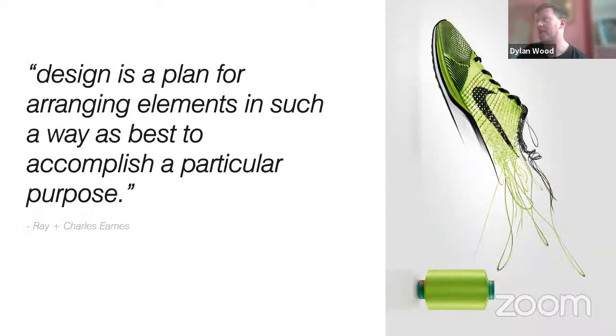And also thinking about this type of problem from the perspective of computational design, which we hope would give us more tools and fresh approaches to do what seems like a very simple task of arranging elements in ways to best accomplish a particular purpose, as Ray and Charles Eames proposed already in the 60s.